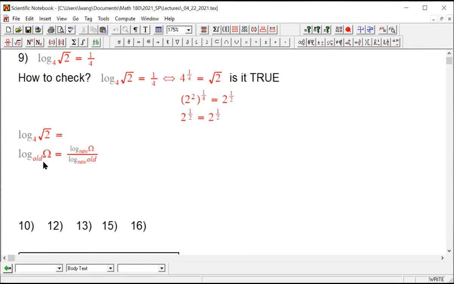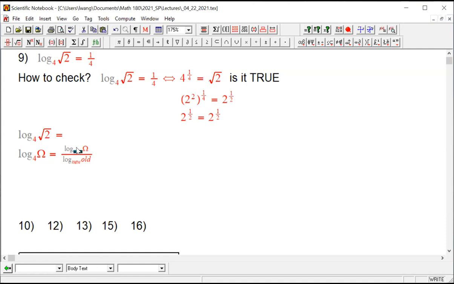The old base is 4. The new one is your choice. As we said, we can choose the base. If you are using the change of base formula, what new base would you like to use, given that you can use any base?